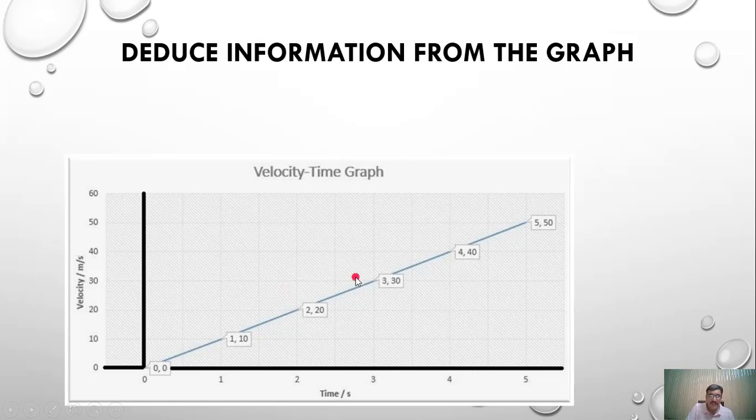Now see the next interval. Here at time 3 seconds, velocity is 30 meter per second. 30 minus 20 gives you 10. So the change in velocity here is again constant. So acceleration is present but uniform. Uniform acceleration is present here, or you can say constant acceleration is present here.